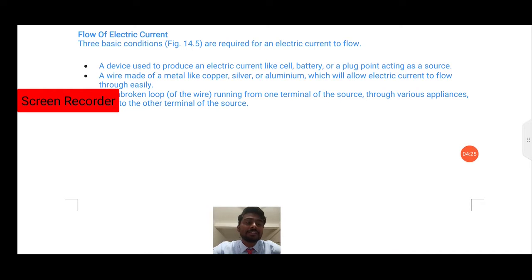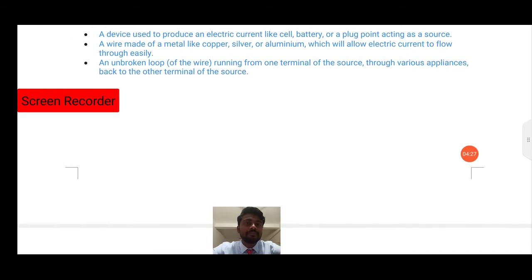Now see, wires made of a metal like copper, silver or aluminium, which will allow the electric current to flow through easily.